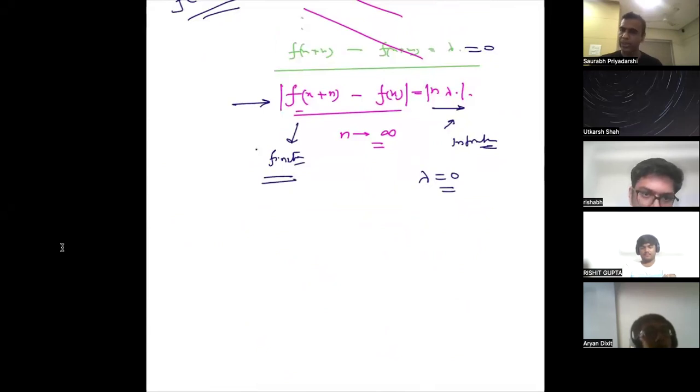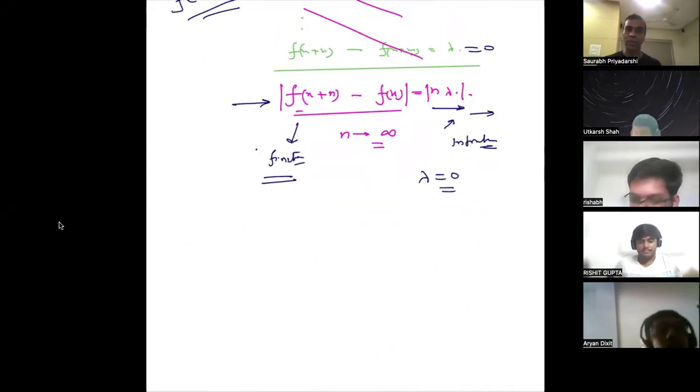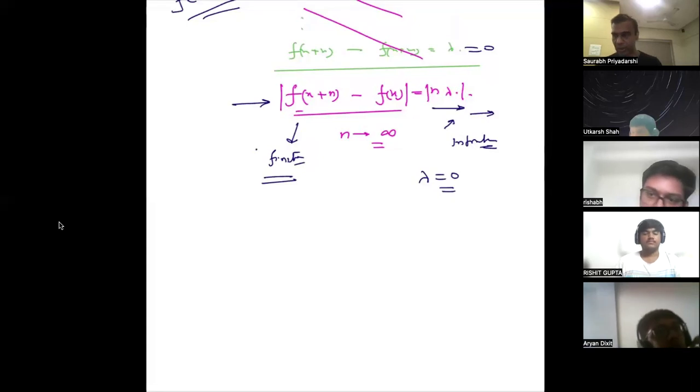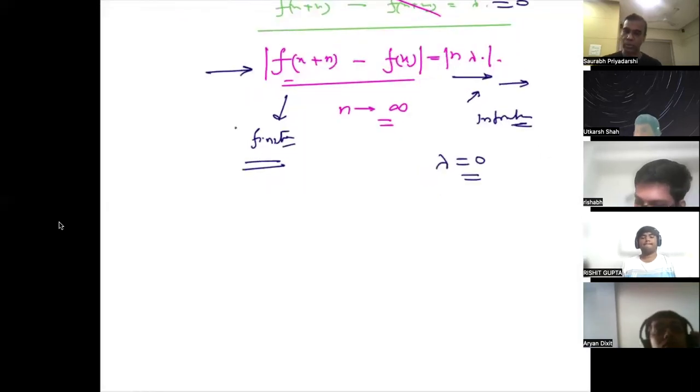But on the right side, if n is very, very large, we are not able to bound that function. So mathematically, this will be wrong. So how do we manage this? Both should be equal, by equating the right side to zero.